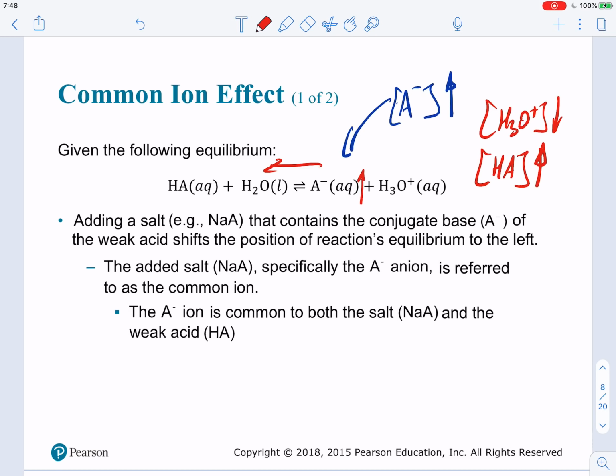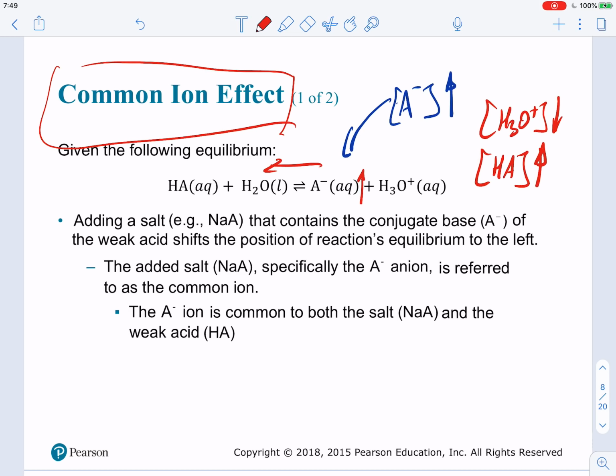That happens when you add more of the conjugate base. And this is an important concept to understand, the common ion effect. It will happen in acid-base equilibria, and it's going to be really important when we talk about precipitation, which is going to be later on.